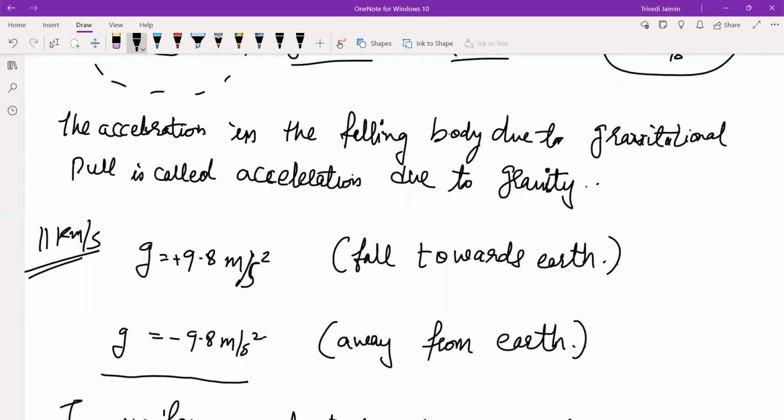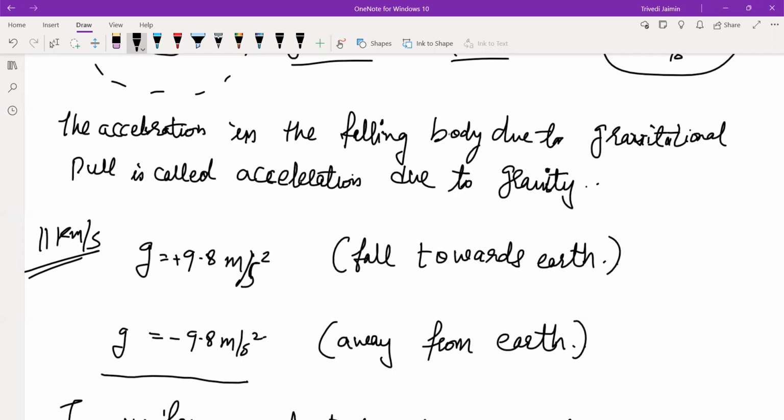Can you run this fast? Never, sir. At least not 11, at least 0.5 kilometer per second. Can you run that fast? No, sir. We can't run 500. Even dogs can't.